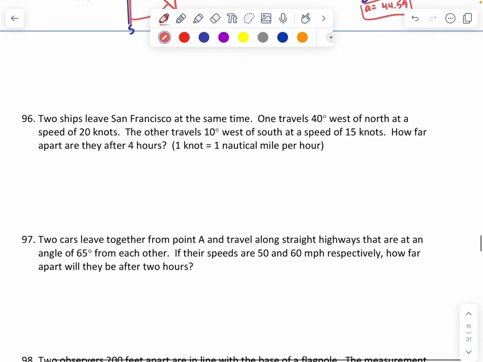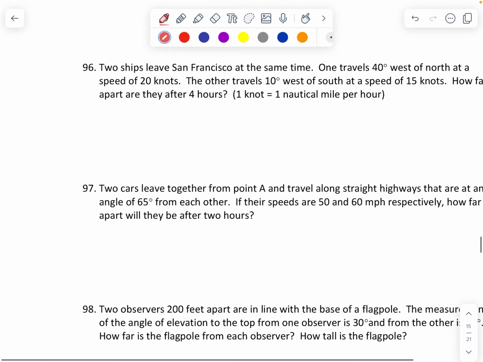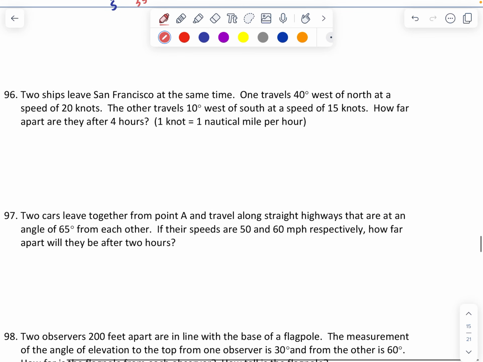Now, very similar, except we have 2 ships this time, and you guys were almost there. 4 more problems. So again, I need to draw a little coordinate system here. This is north, south, east, and west. And you leave San Francisco at the same time. Let's assume this is San Francisco.